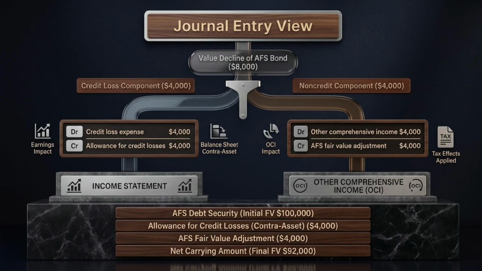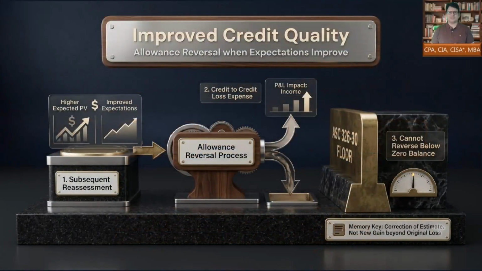The available for sale debt security is still presented at fair value of $92,000, while the allowance is shown as a separate contra asset. The allowance is updated when credit expectations improve. If expected cash flows improve after an allowance has been recognized, the entity reduces the allowance and records the reversal through credit loss expense.